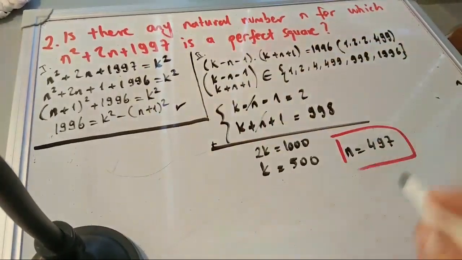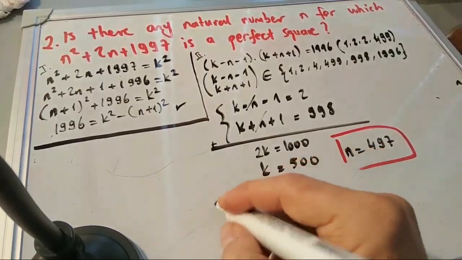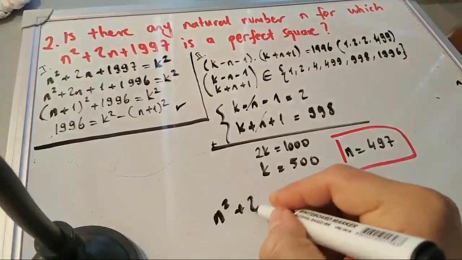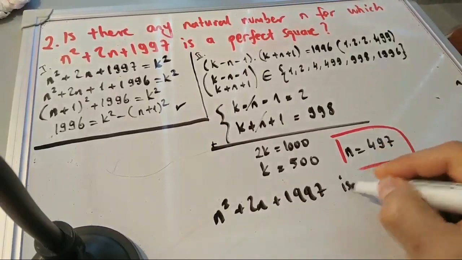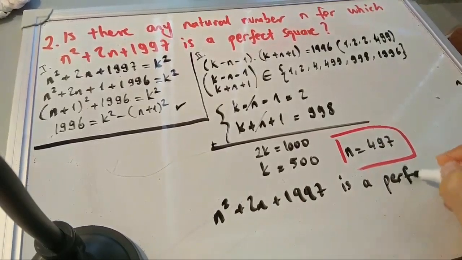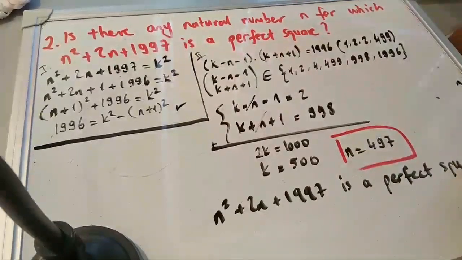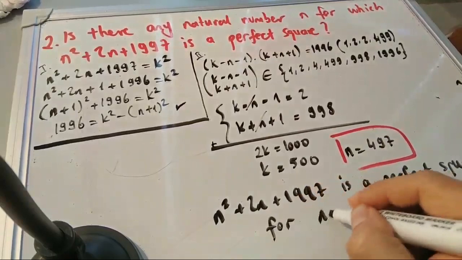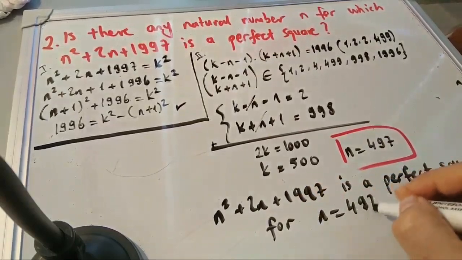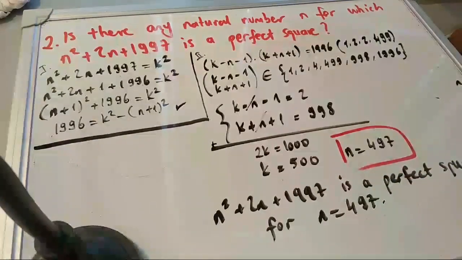Okay. So n squared plus 2n plus 1997 is a perfect square for n equal to 497. Did you understand?